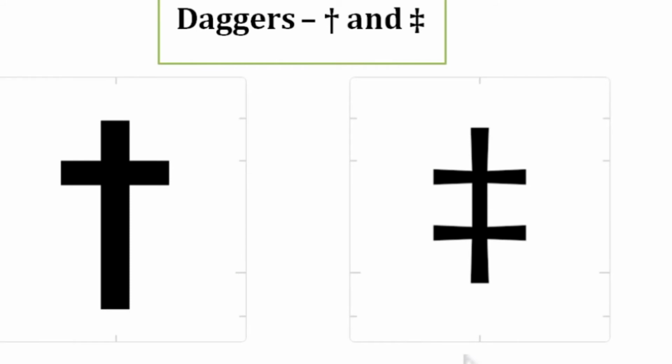Now the next symbol is called daggers. There are two daggers. Actually there are more than two daggers, but in our daily life we use these symbols to indicate the footnote if an asterisk has been already used.